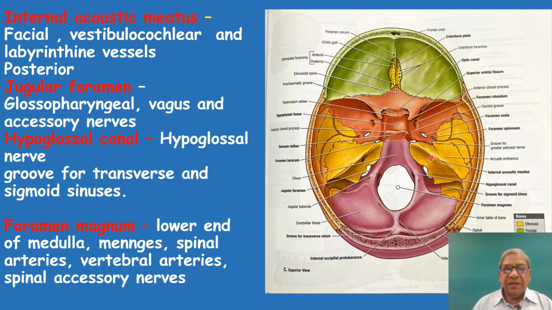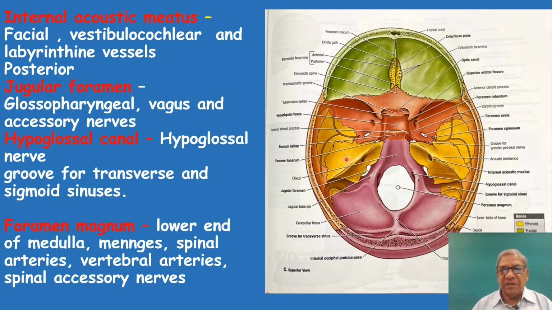Tell him that two cranial nerves, the seventh cranial nerve, facial, and the vestibulocochlear nerve, pass through this internal acoustic meatus, and along with them an artery also goes inside, that is the labyrinthine vessels, artery and vein, which are branched from the basilar artery.